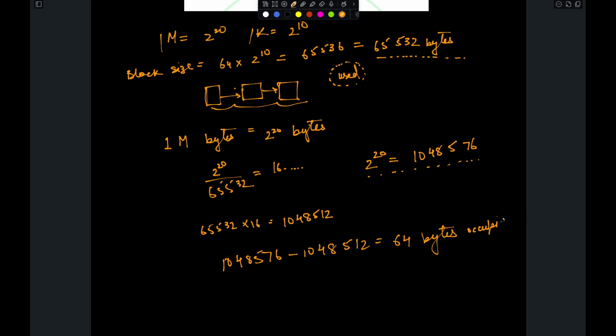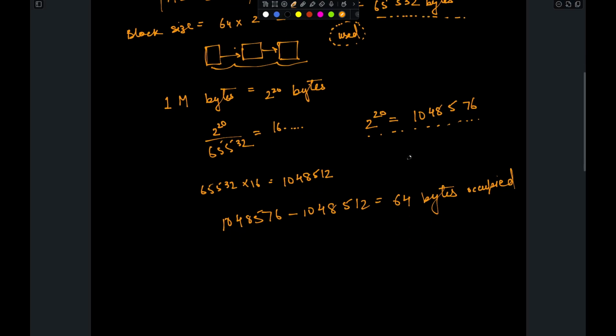Besides these 16 blocks, I hope you're getting that. So we would need one more block besides these 16 blocks to just accommodate the 64 bytes. So we need a 17th block.